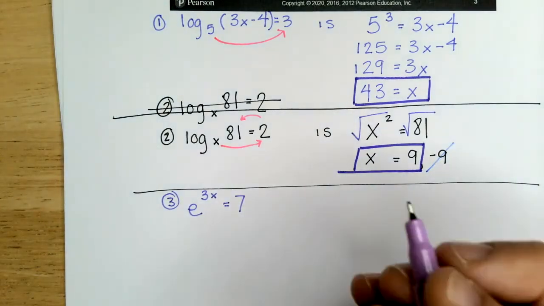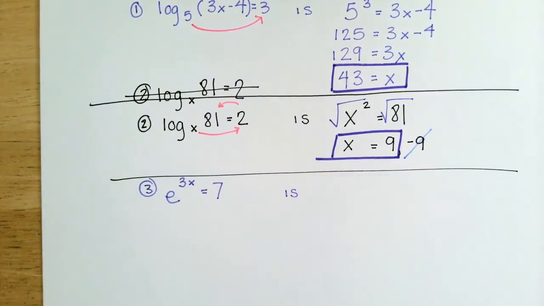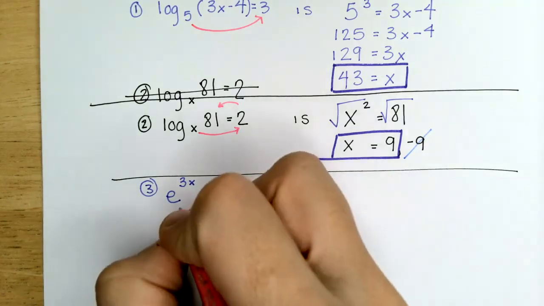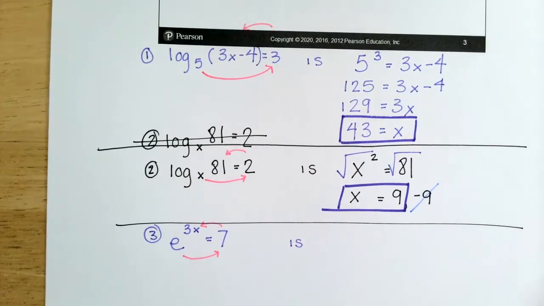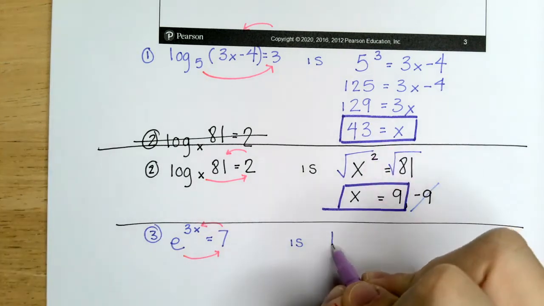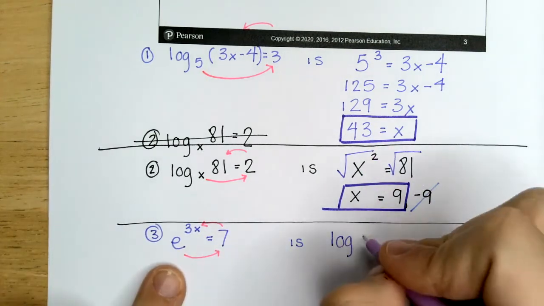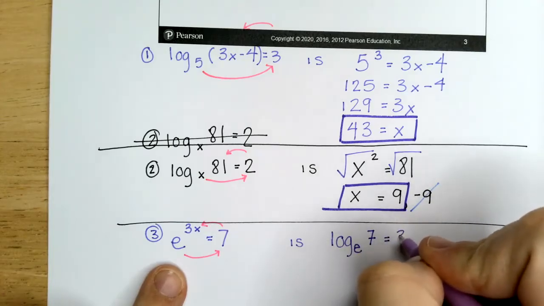So what we do is use log. We'll go in a circle. Log base e of 7 equals 3x.